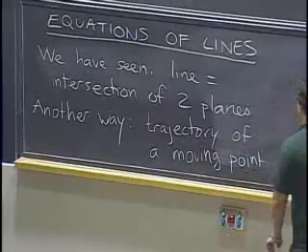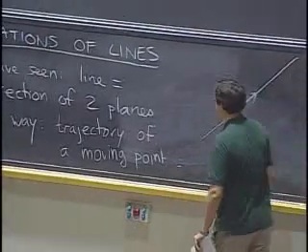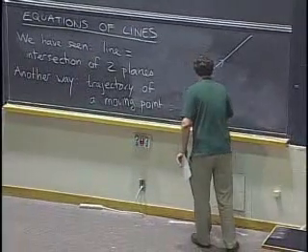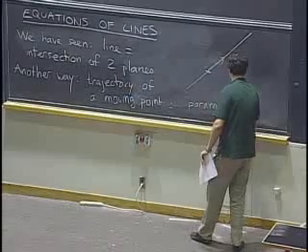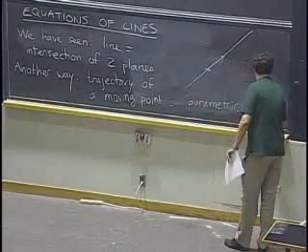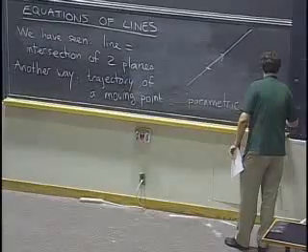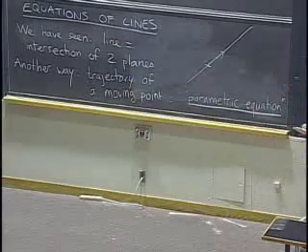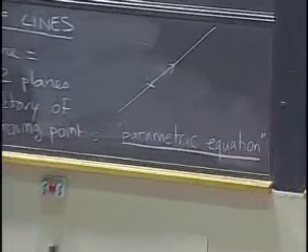And when we think of the trajectory of a moving point, that's called a parametric equation. So we're going to learn about parametric equations of lines.